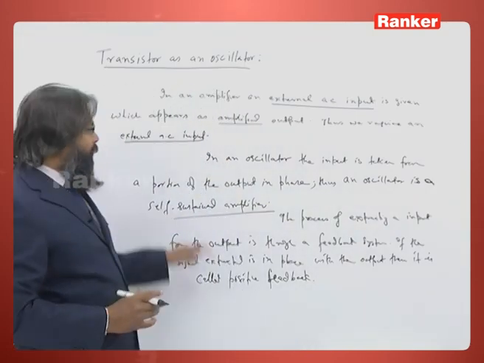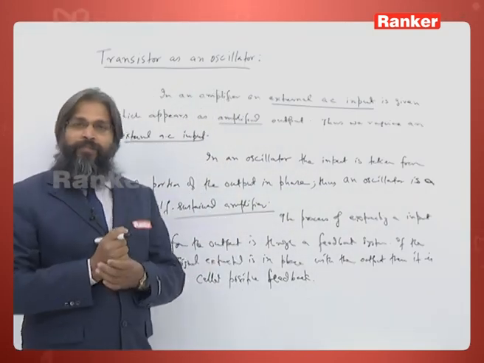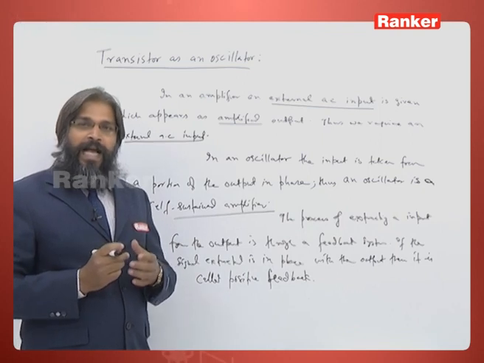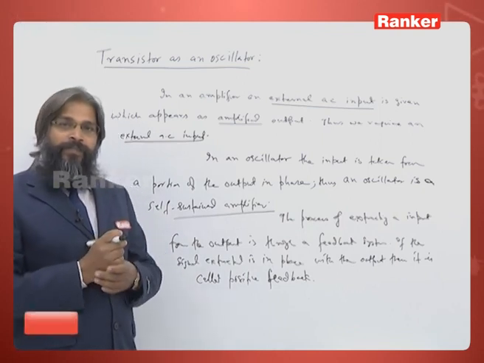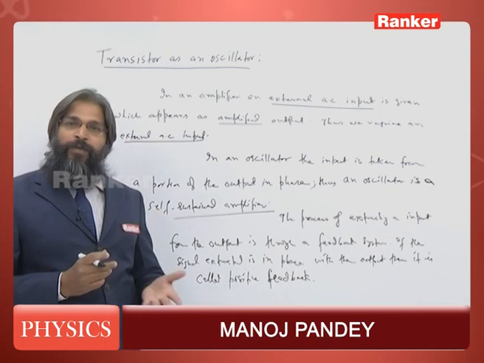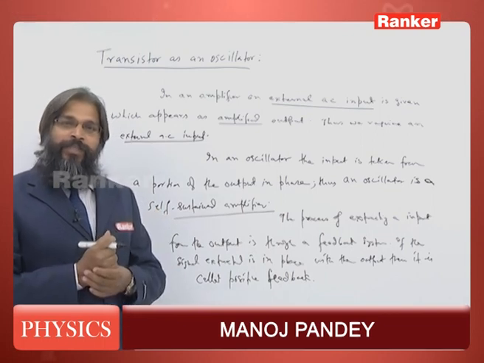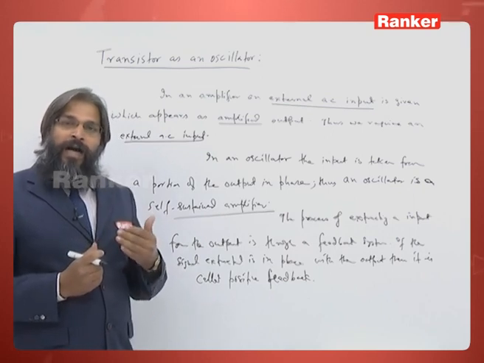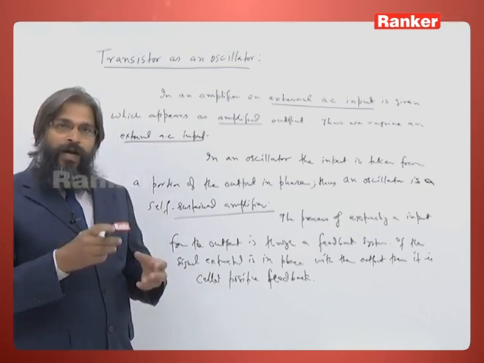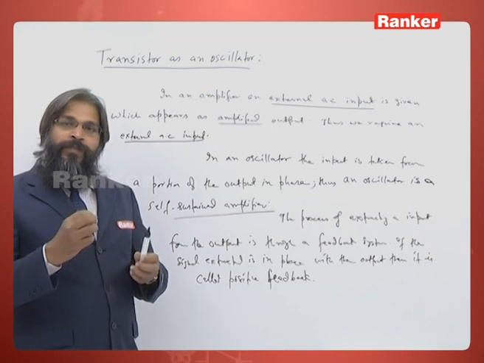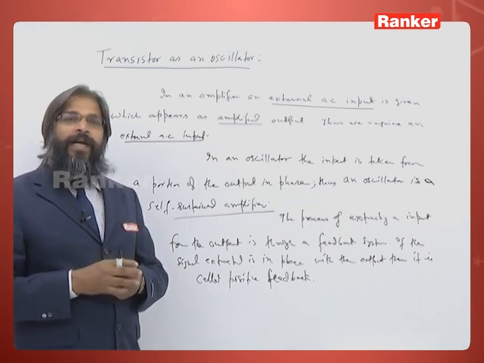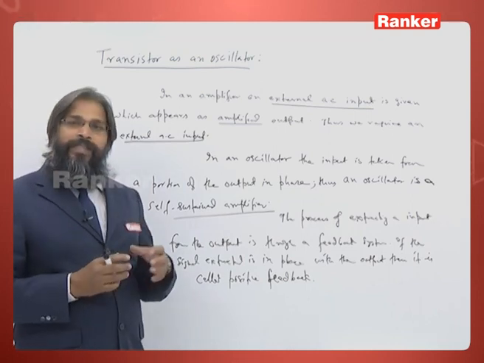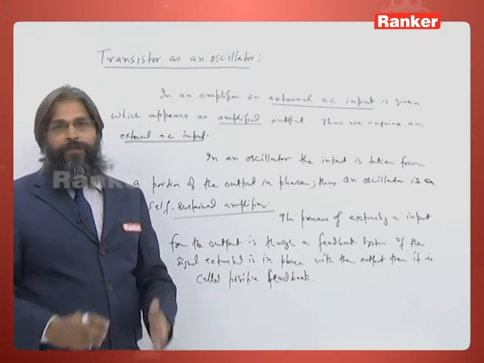So, what we have discussed now is that an oscillator is also an amplifier in which there is no need of external alternating input. A portion of the output is fed into the input. So, it is a self-sustained amplifier.